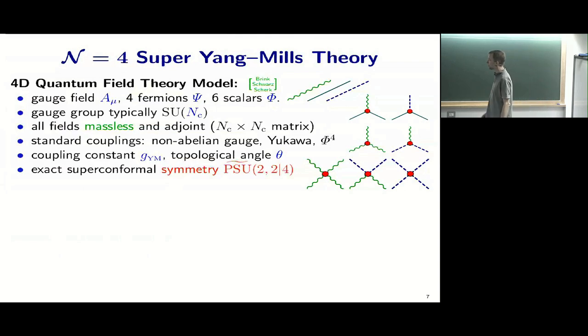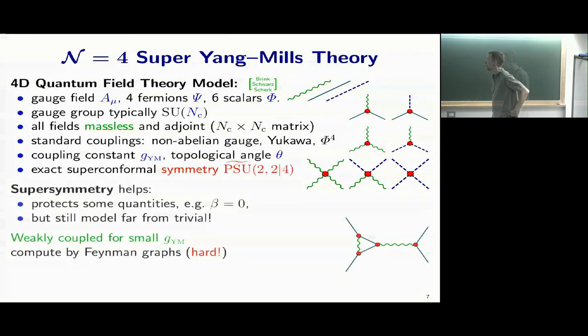One is the Yang-Mills coupling, and the other one is the topological angle, which again will not be too relevant. And you have a symmetry. The symmetry is not just Poincaré, not just super Poincaré, but it combines with conformal symmetry to give this superconformal symmetry, which is also given by this group PSU(2,2|4).